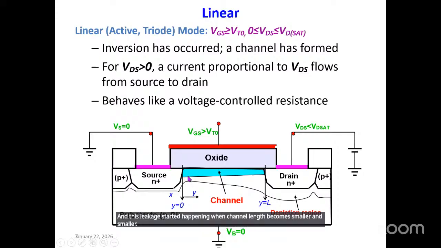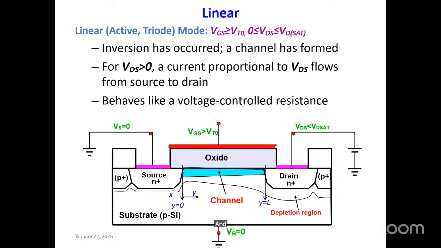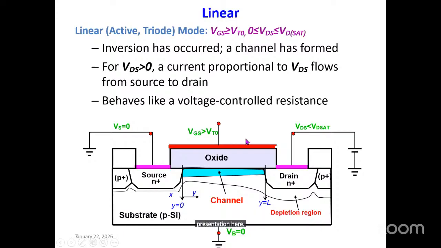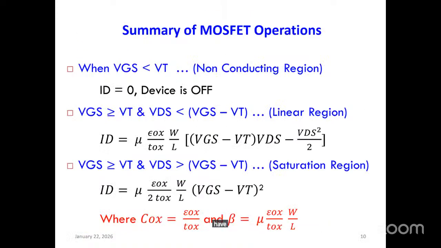This is the problem, and because of it we are involved in today's presentation: what are the new devices because of this problem? I addressed the meaning of TOX and epsilon R, and why there is a need for the invention of new devices, and how new devices have become very popular.